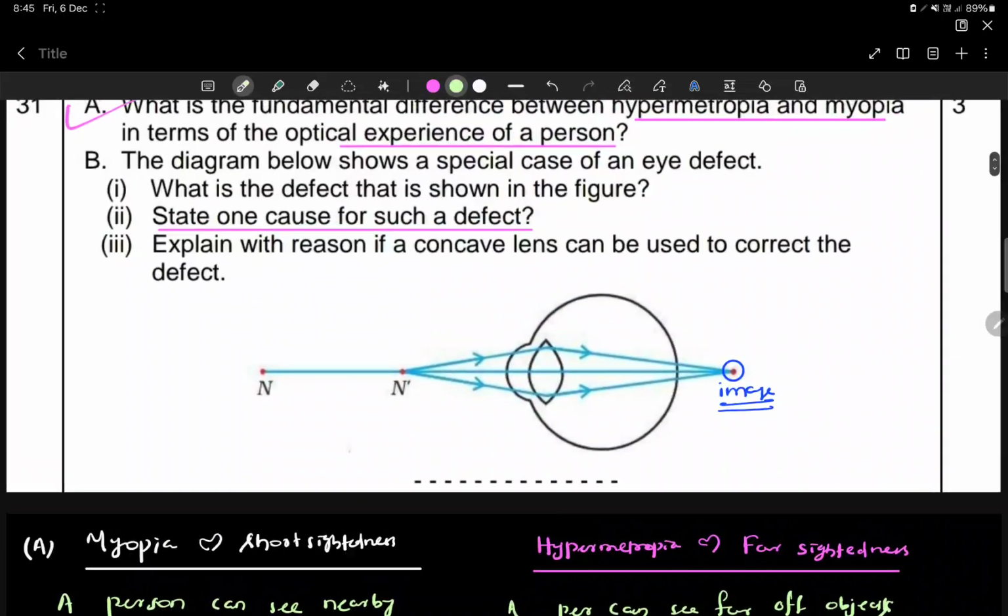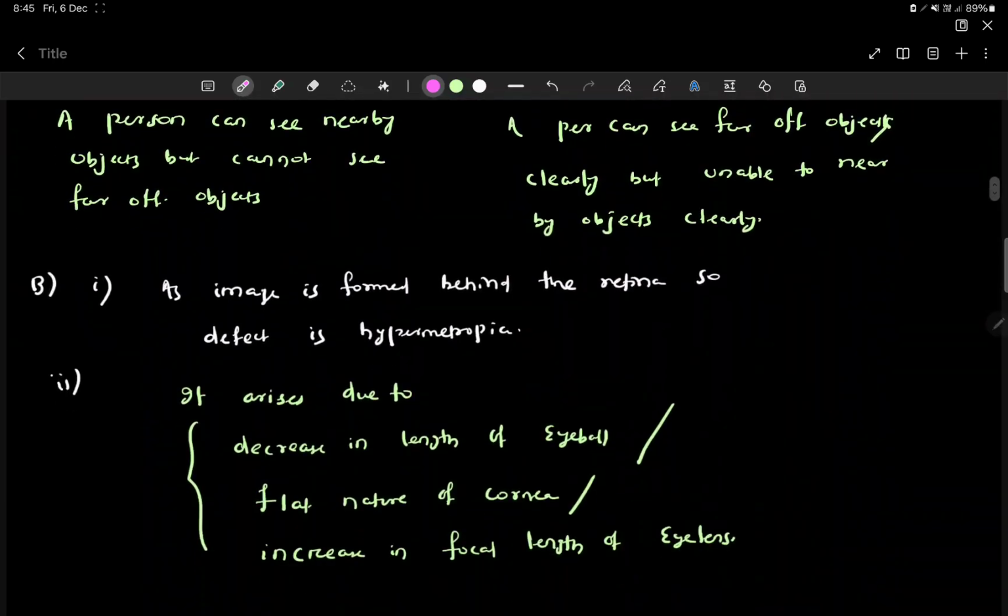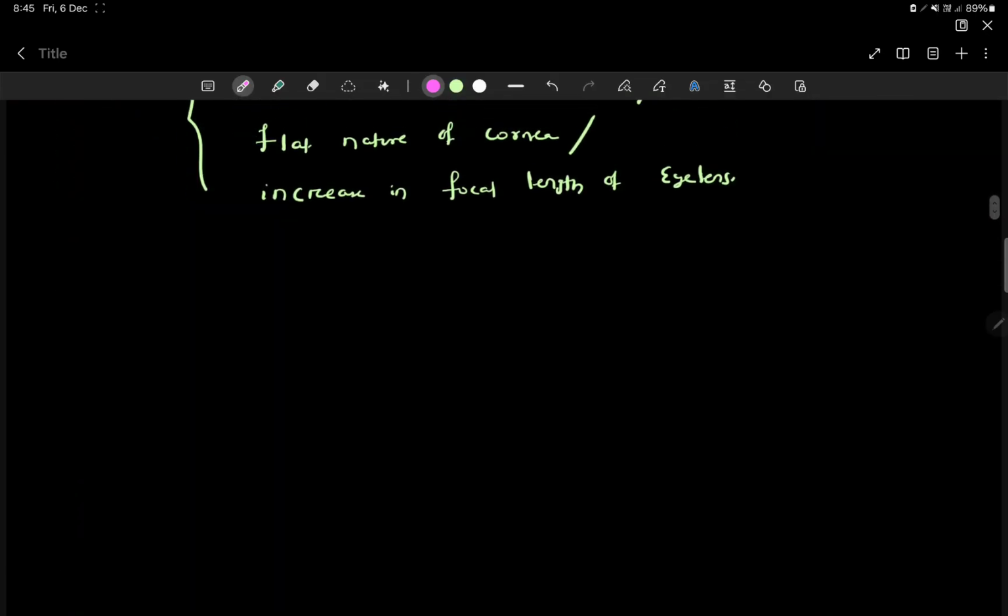The last question is, explain with the reason if a concave lens can be used to correct the defect. As per the third bit, what is the characteristic of a concave lens? Concave lens diverges the light rays coming towards the eyeball.